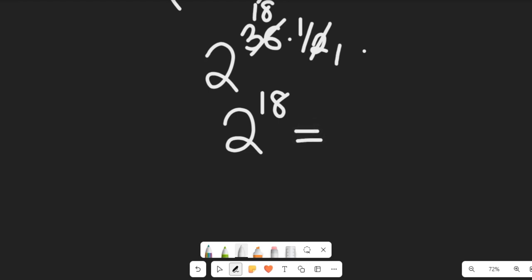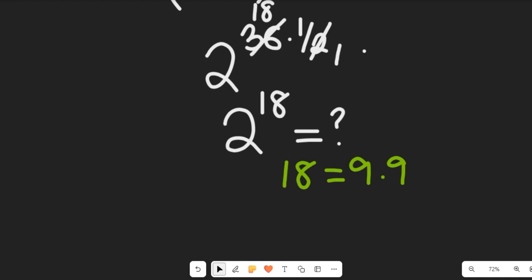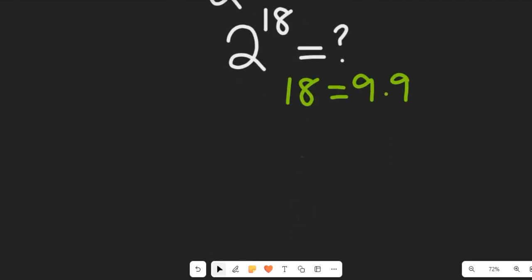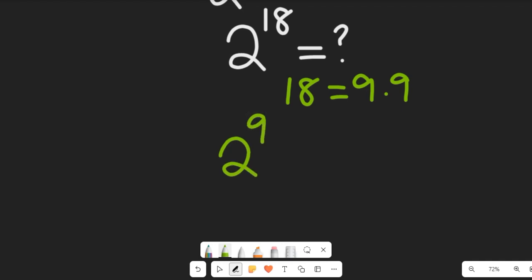Now, what will this give me? If I simplify this, I'll have to recall that my 18 is equal to 9 multiplied by 2. So if 18 gives me 9 multiplied by 2, that expression will now be 2 to the power of 9 multiplied by 2.